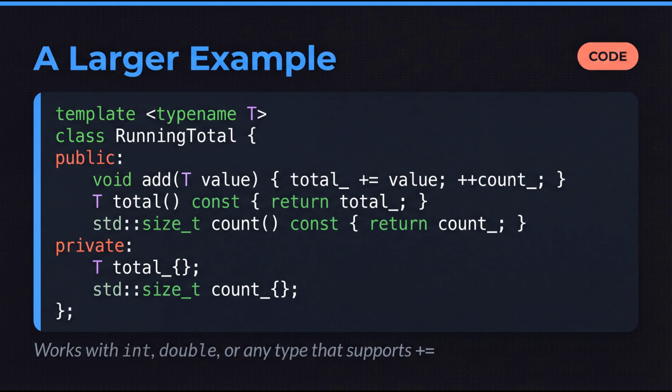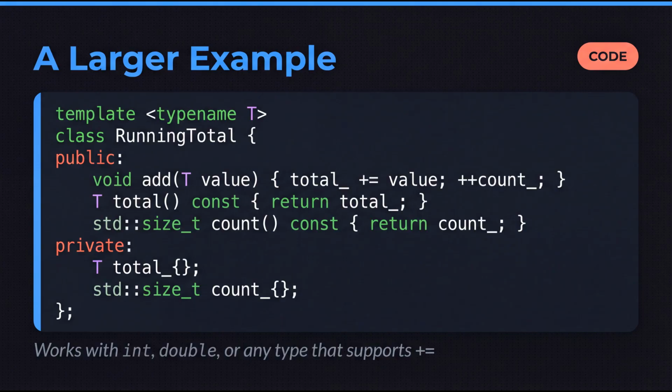Let's build something more realistic. RunningTotal is a class template that accumulates values. The add function takes a T value, adds it to the running total, and increments the count. The total function returns the accumulated value. The count function returns how many values were added.